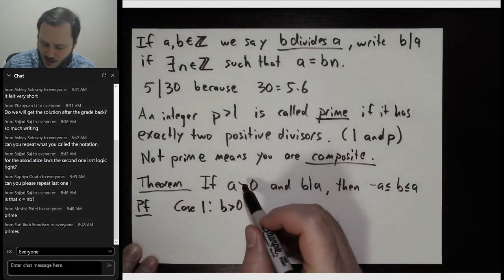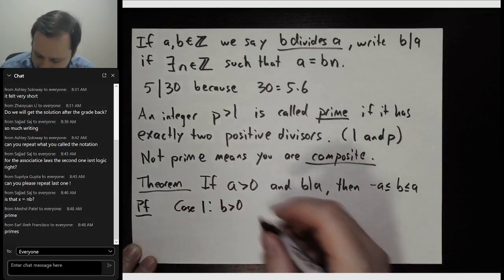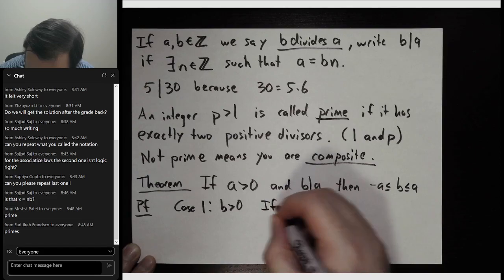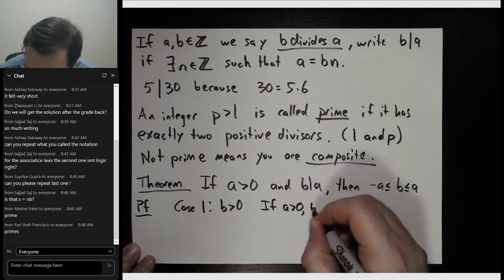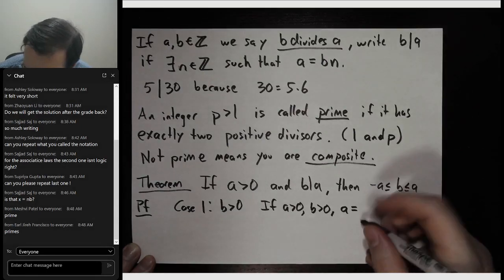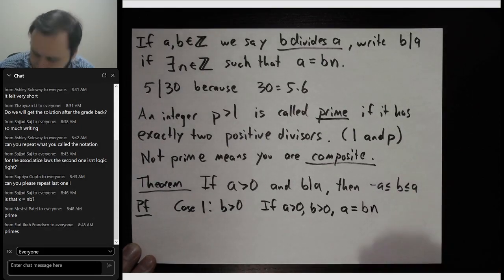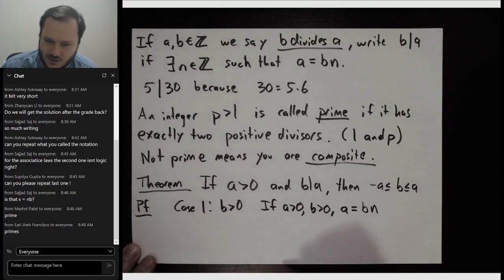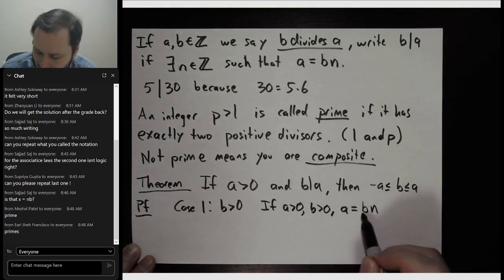So if a is positive and b is positive, a is greater than 0, b is greater than 0, and a is equal to b times n, then n also has to be greater than 0, right? Can't have a positive and a negative.